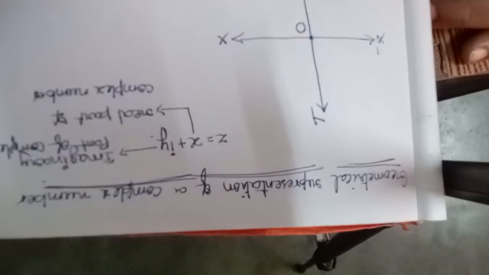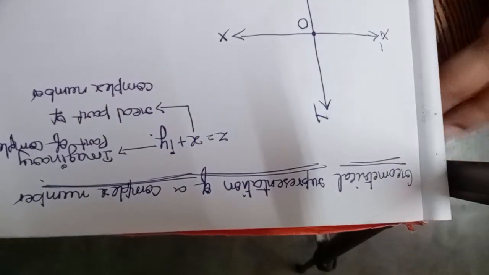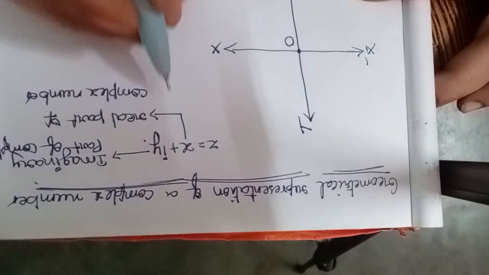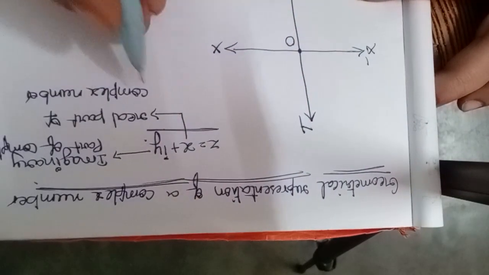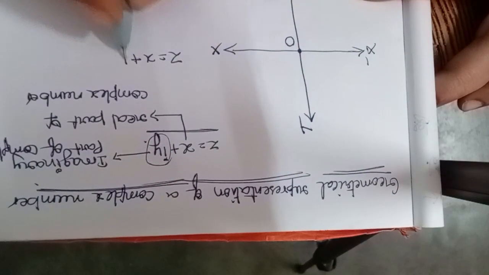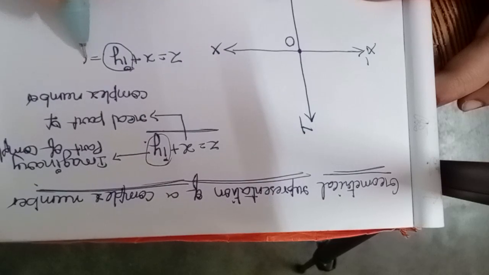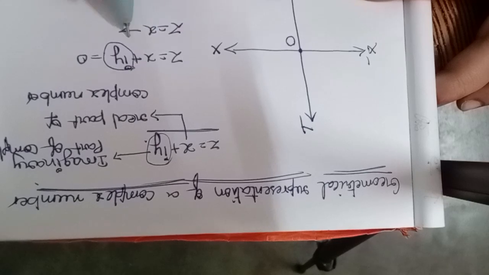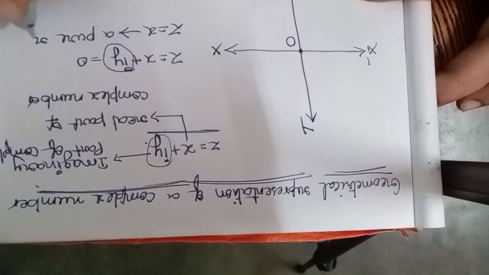If a complex number is purely real, this imaginary part becomes 0. If only this becomes 0, then z equals x. This represents a pure real number.